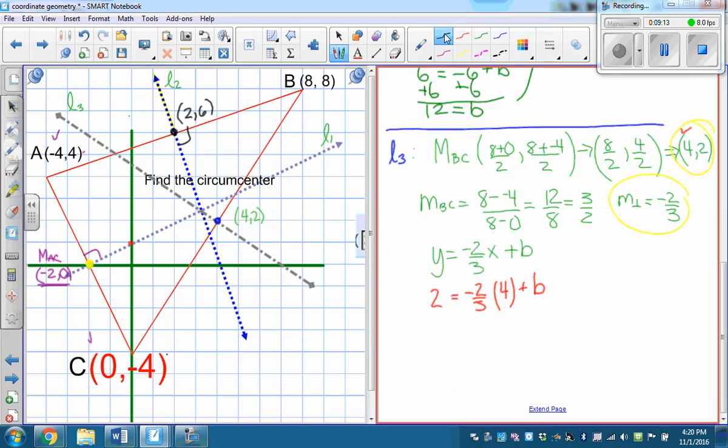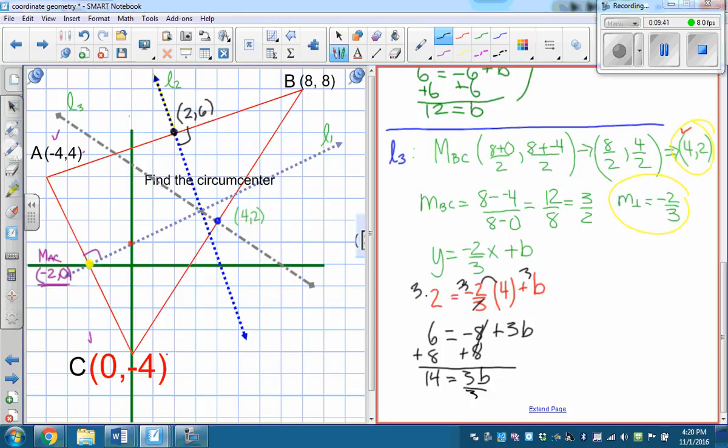And when I do that, I'm going to multiply through by 3 to get rid of the fraction. So this gives me 6. That gives me negative 2 times 4, which is negative 8 plus 3b. Add 8 to both sides. That's 14. 3b.